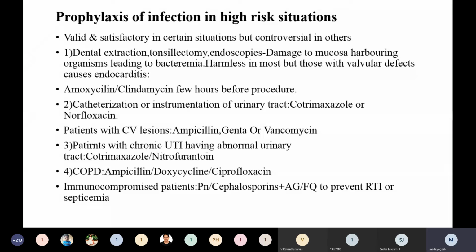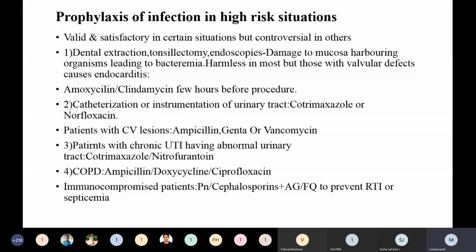If the patient has normal host defense, nothing will happen. But if the patient has valvular defects like stenosis or incompetence, it can cause endocarditis. So in such cases, go for amoxicillin or clindamycin a few hours before the procedure.